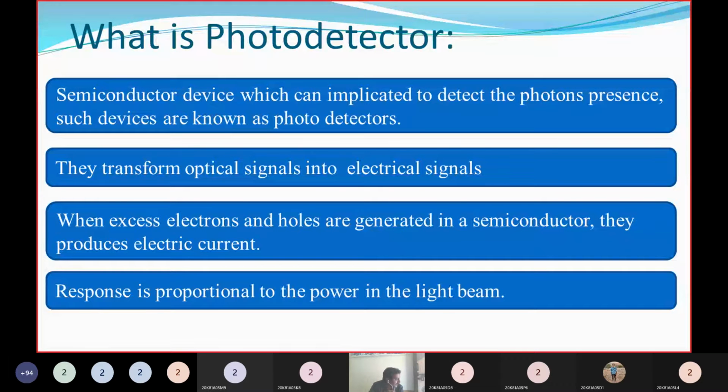That's why the response of a photodiode is proportional to the power in the light beam. If the light beam power is more, the current will be more. We'll discuss how it will be more.